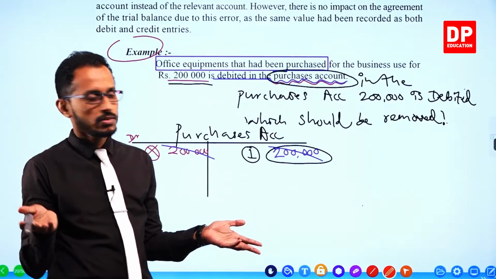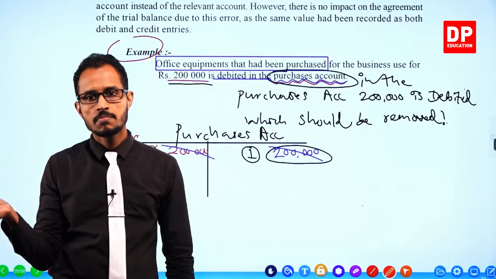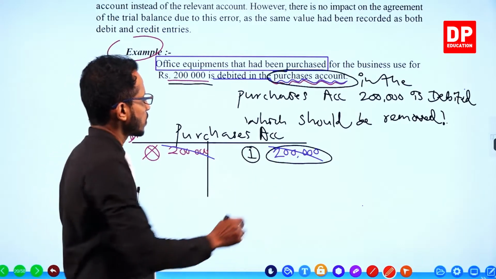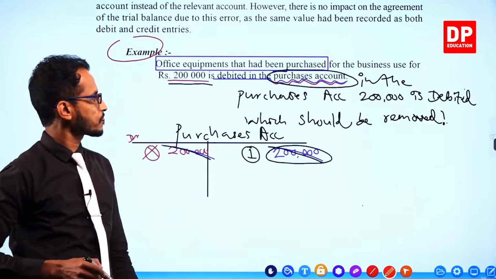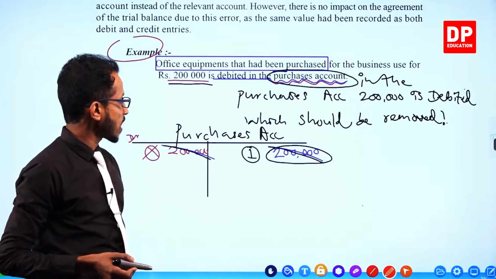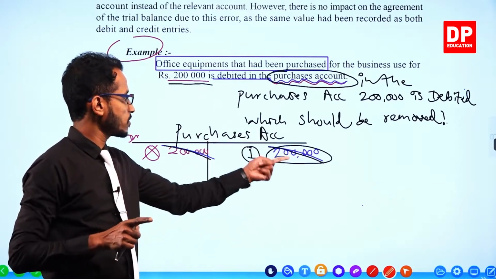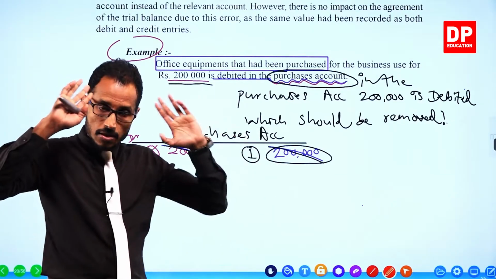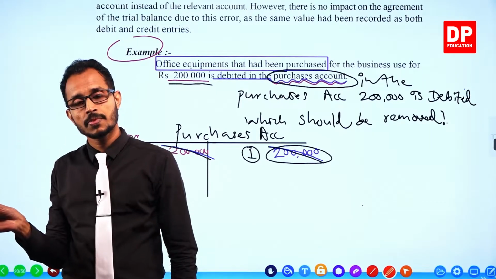Why the second entry? This 200,000 should be debited somewhere, because you credited the purchases account to cancel off this one. Now one entry is already made. Purchases account credit. You have to think which account should be debited now.